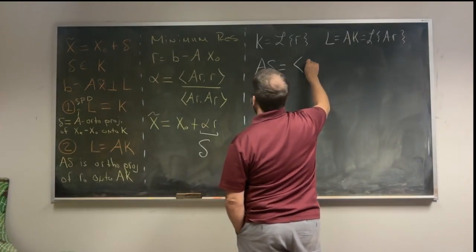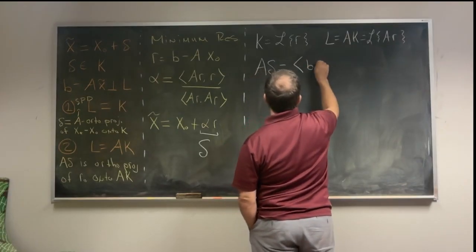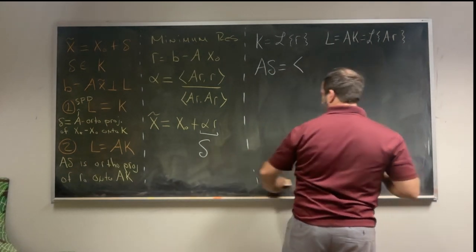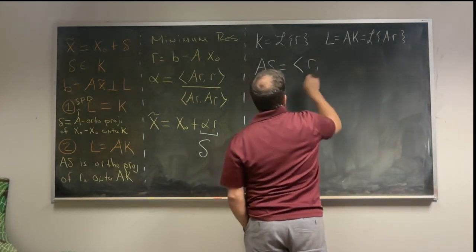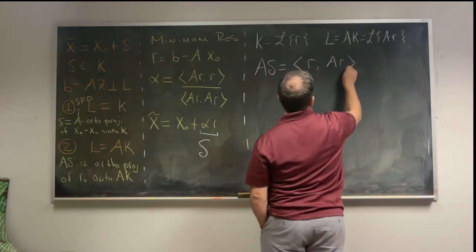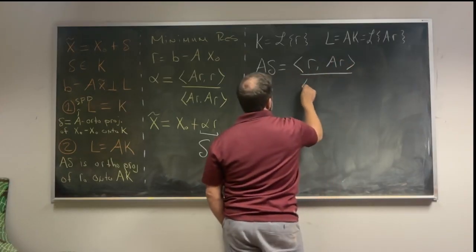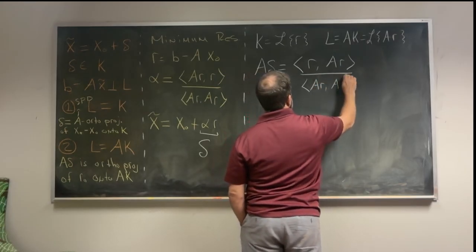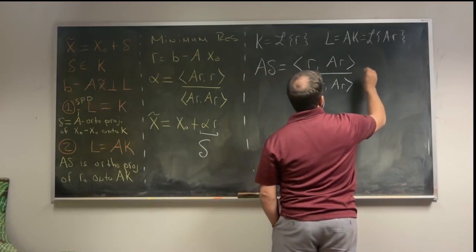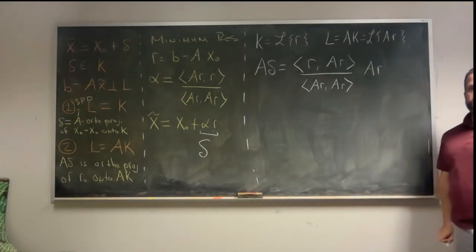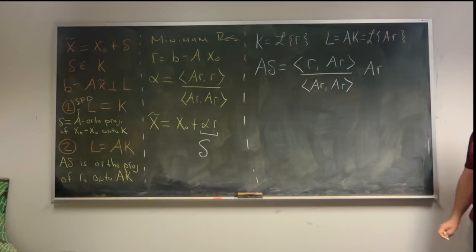So we're going to look at R times AR divided by AR, and then times AR. We're just doing the one-dimensional projection formula that we saw at the beginning, where that vector is AR.